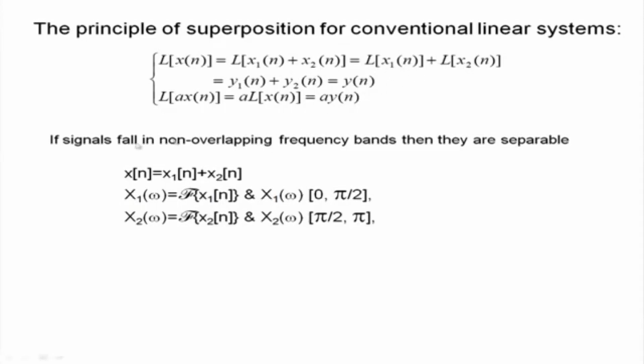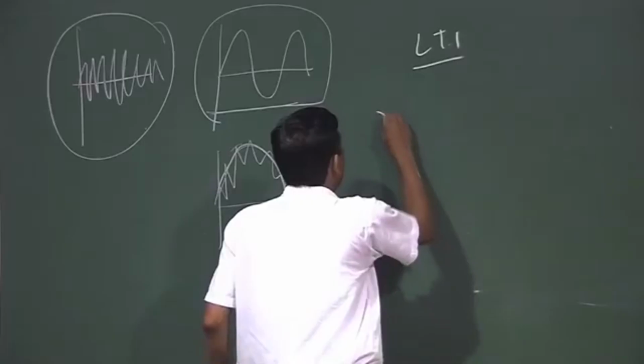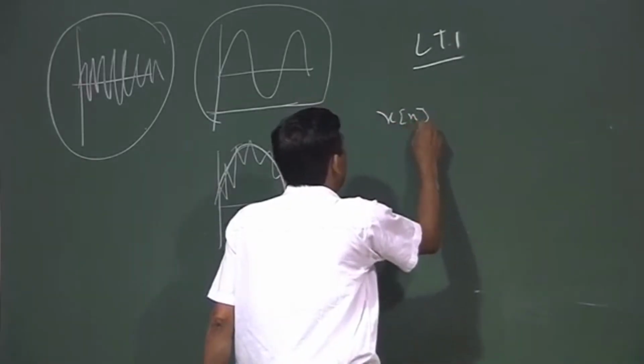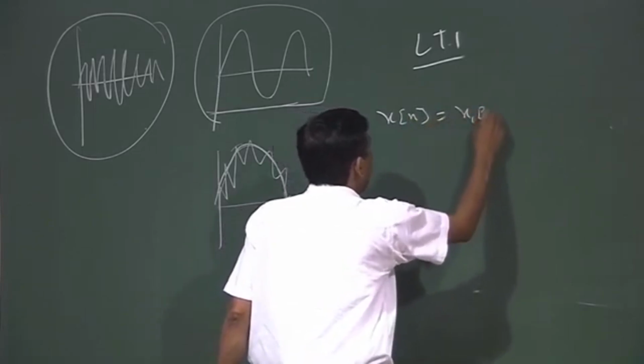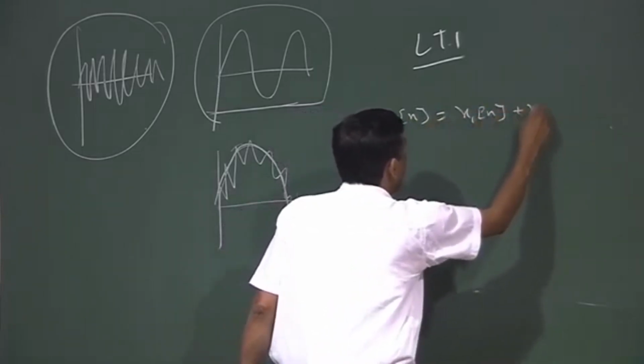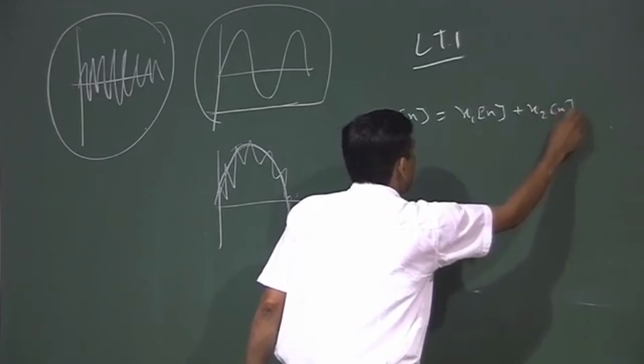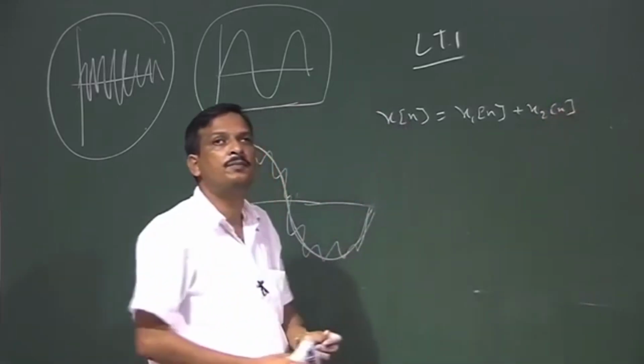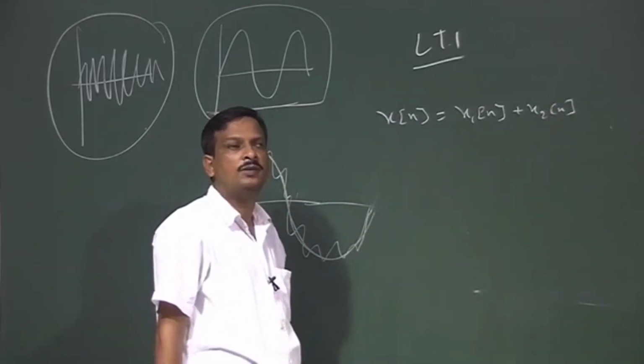If the signals fall in non-overlapping frequency bands, then they are separable. Suppose I have a signal x[n] which is nothing but x1[n] plus x2[n], the addition of two signals.